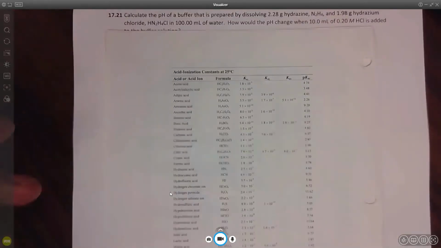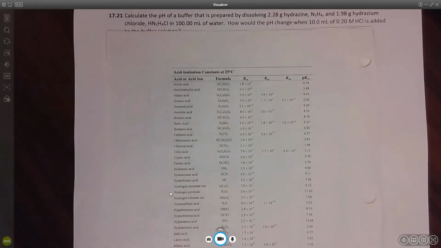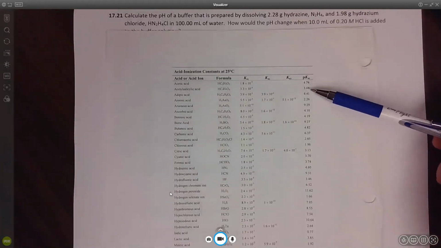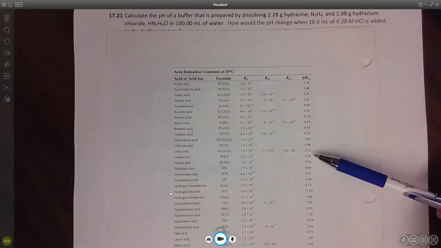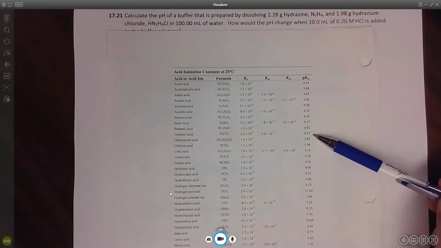So for example, let's say you want a buffer that is, I don't know, a pH of 6. What you're going to do is come down here and look for which one is closest to 6. So here's a 6.37, right? And we want to be within plus or minus 1.